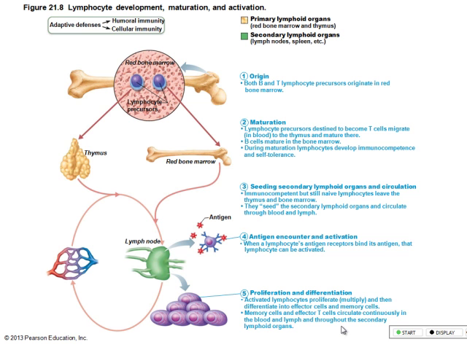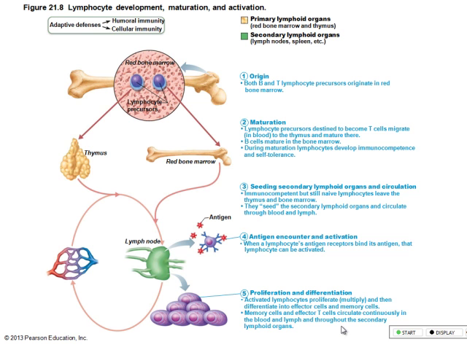In the bone marrow. So the maturation process is a little bit different for the T cells versus the B cells. B cells are going to mature in the bone marrow. T cells are going to migrate to the thymus before they make their final resting place in the lymphatic system. So understand the difference between the two in the maturation process.